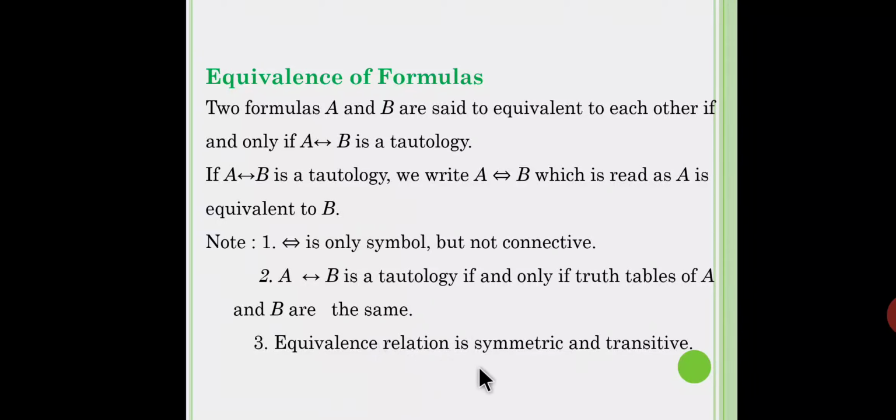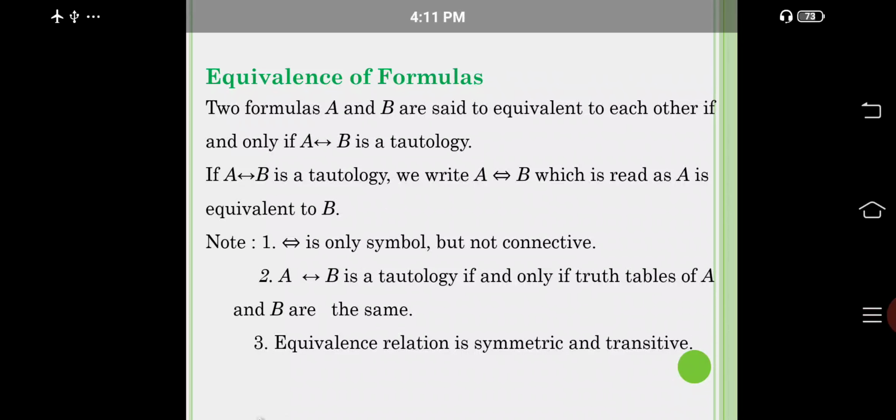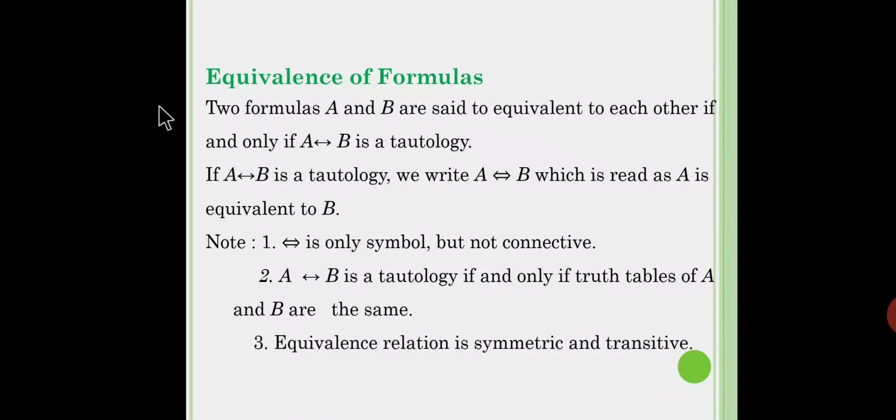Equivalence relation is symmetric and transitive. So what is an equivalence formula? Two propositions A and B are said to be equivalent to each other if and only if A ⇔ B is a tautology.